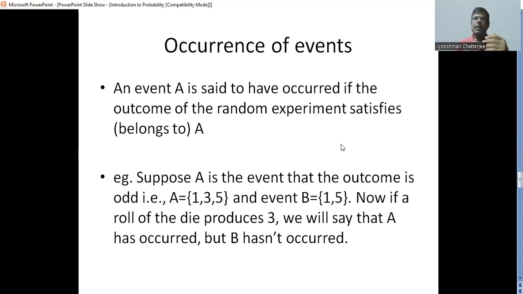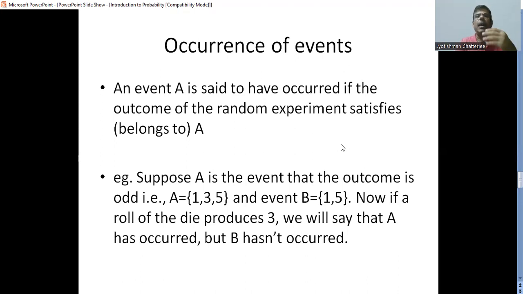So please see this distinction between events and occurrence of events. In order to talk about events, we don't need to perform the random experiment. In order to write down the event that the outcome is odd, I don't really need to roll the die.